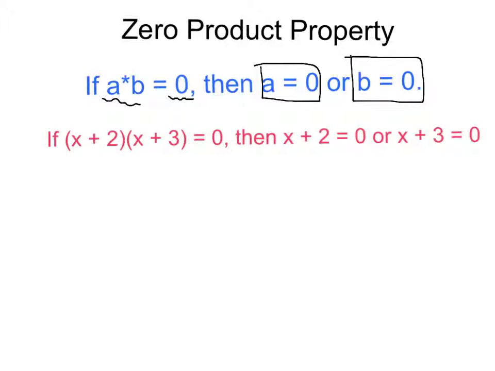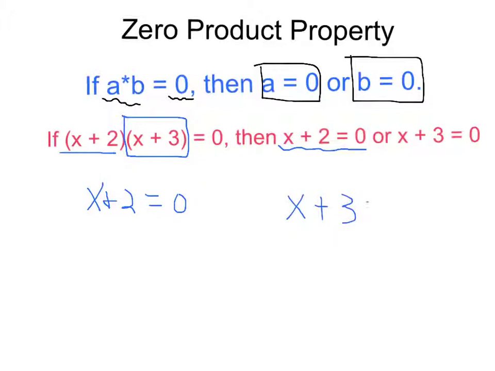Now, this also applies when you multiply two binomials together. If x plus 2 times x plus 3 equals 0, then that means either the first binomial x plus 2 equals 0, or the second binomial x plus 3 equals 0.